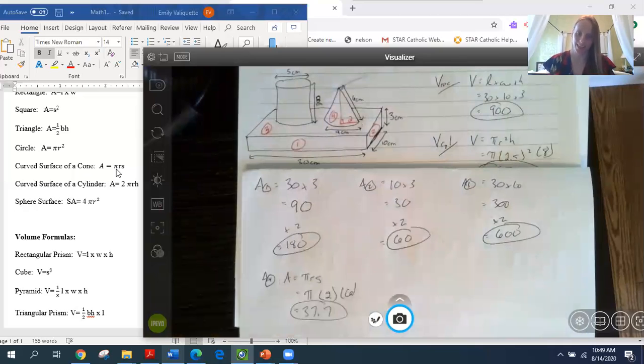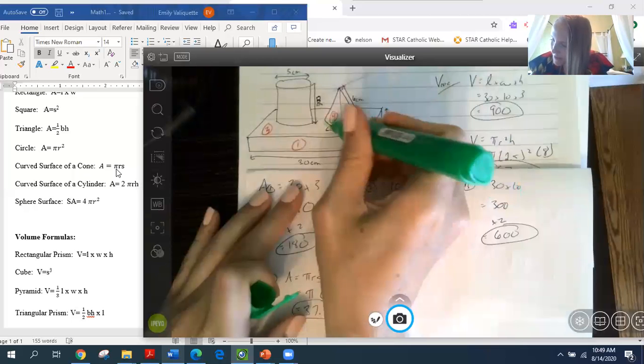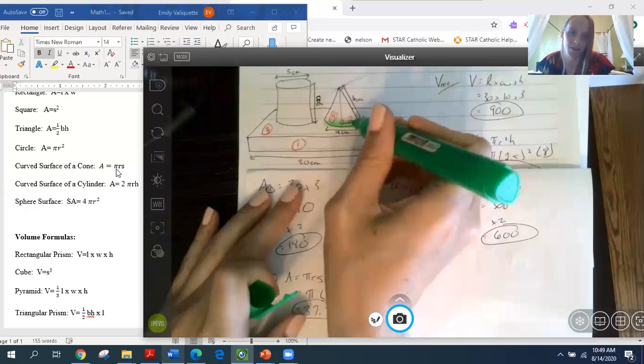The next thing that I would do, just because I'm on the cone now, is to identify the area of overlap that we're dealing with at where the cone touches the rectangular prism. So that would be right here is my area of overlap.